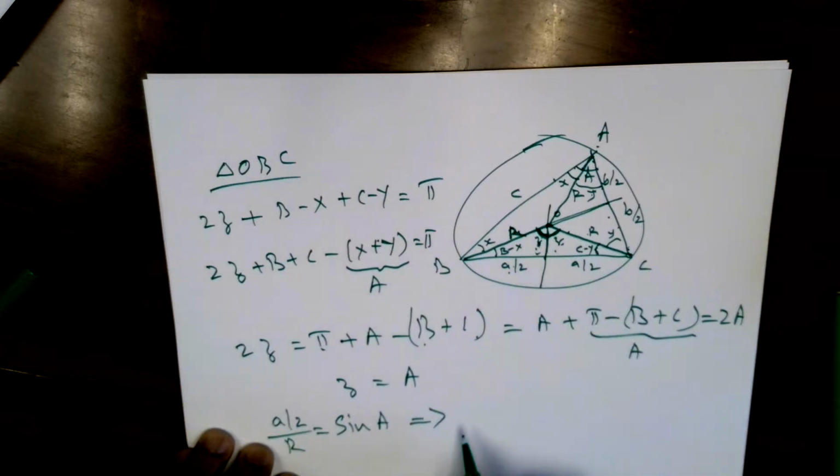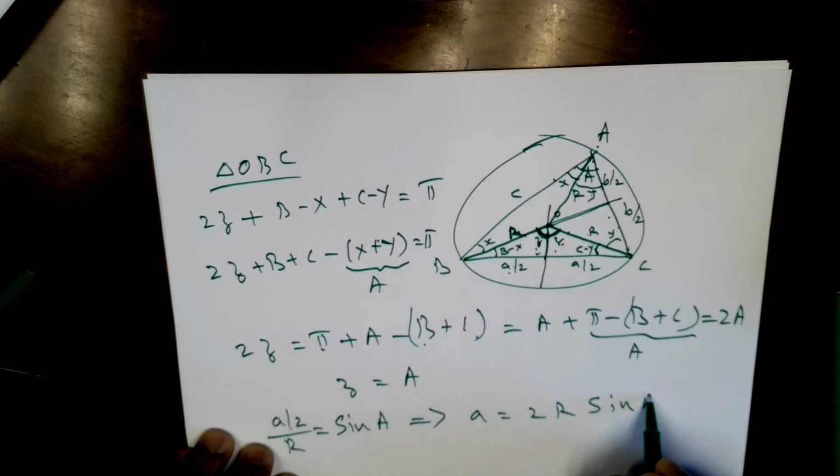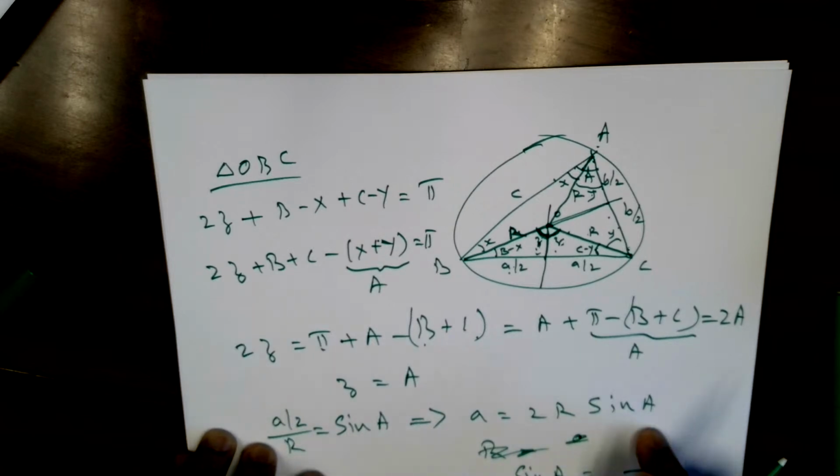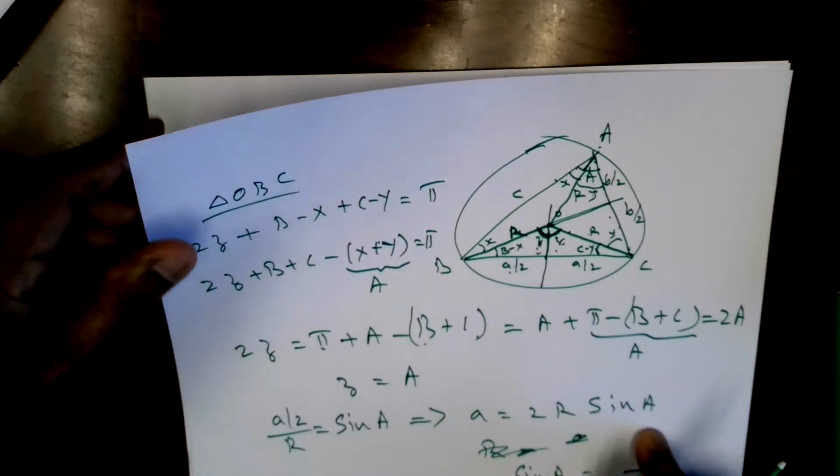And consequently, you get a equal to 2R sine A, or sine A equal to a over 2R. So we'll use this relation. This is just a quick review.